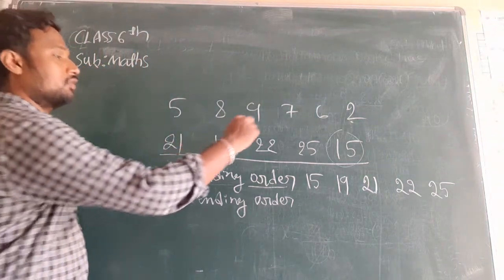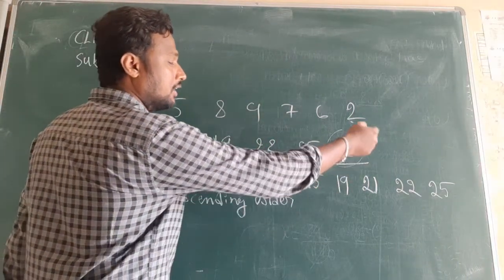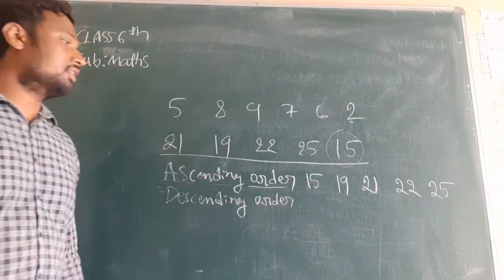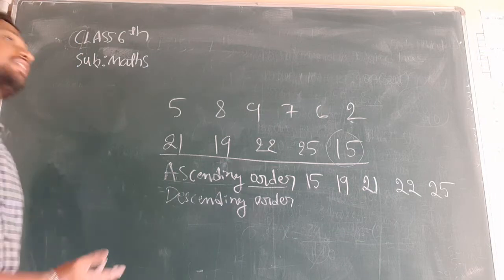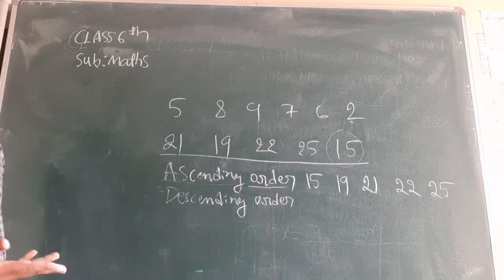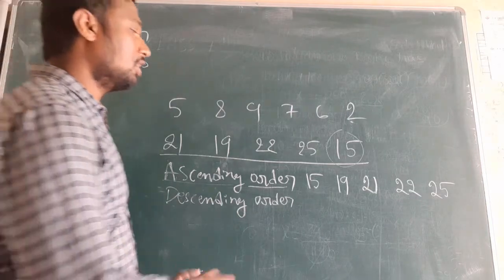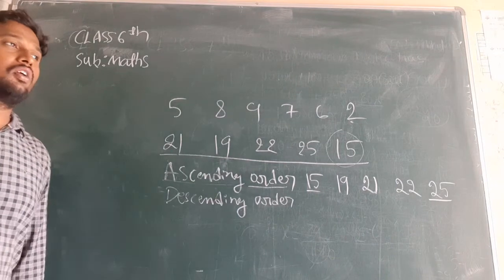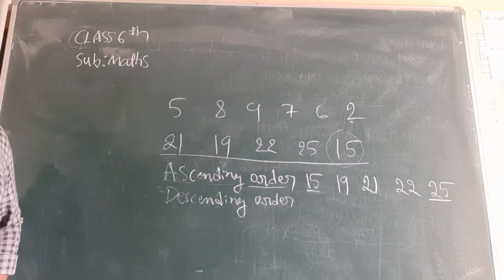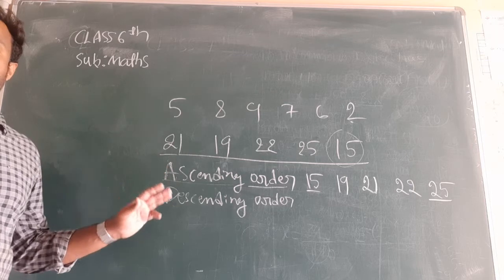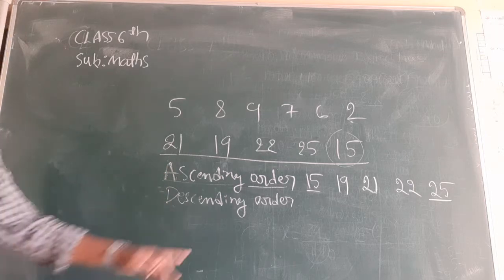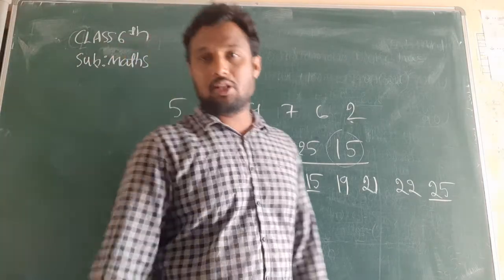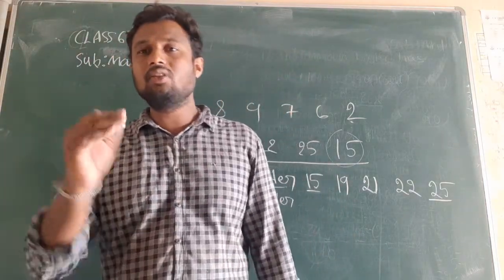By observing this arrangement, directly you can tell which is the smallest value, which is the highest value, and which is the middle value. Here the smallest value is 15 and the greatest value is 25. This is called arrangement of numbers. There are mainly two methods, ascending order and descending order, and this is the example for ascending order: writing the numbers from smallest to greatest value.